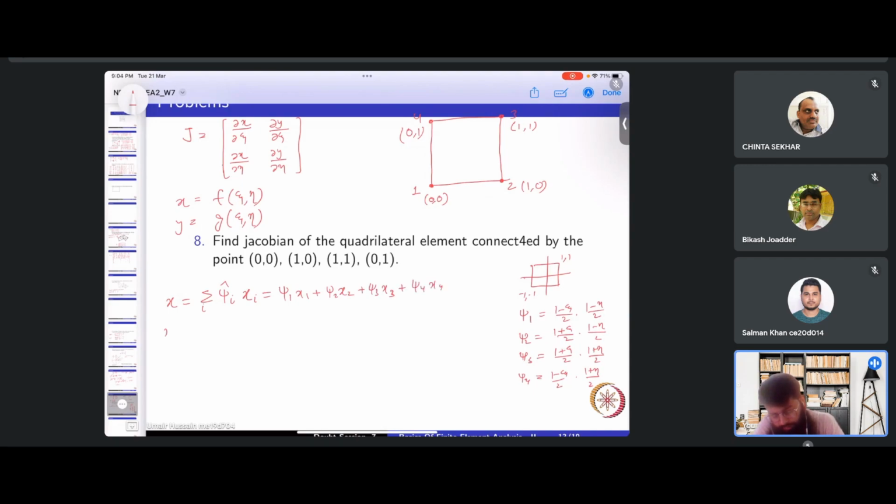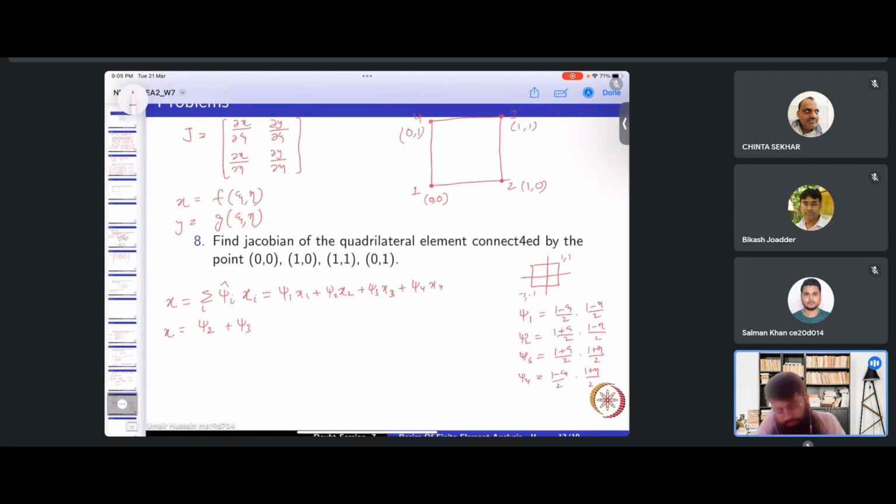Here x1 is 0, so the psi 1 term goes. x2 is 1, so we are left with psi 2. x3 is 1, so we are left with psi 3, and x4 is 0, so that term also goes away. So x equals psi 2 plus psi 3. If you add up psi 2 and psi 3, do they have anything in common? No, they don't have anything in common.